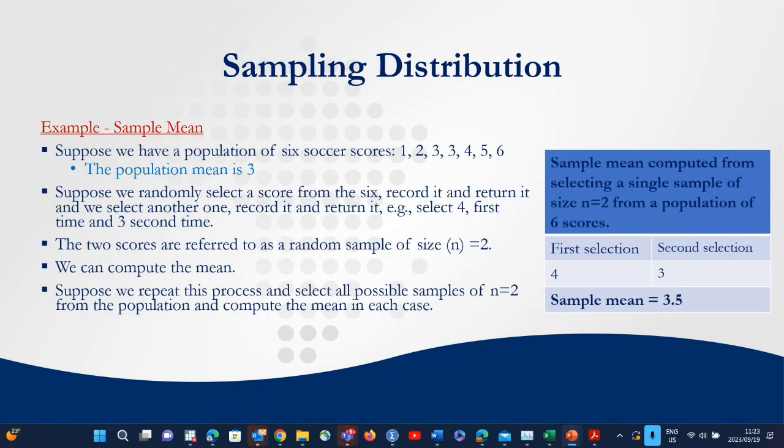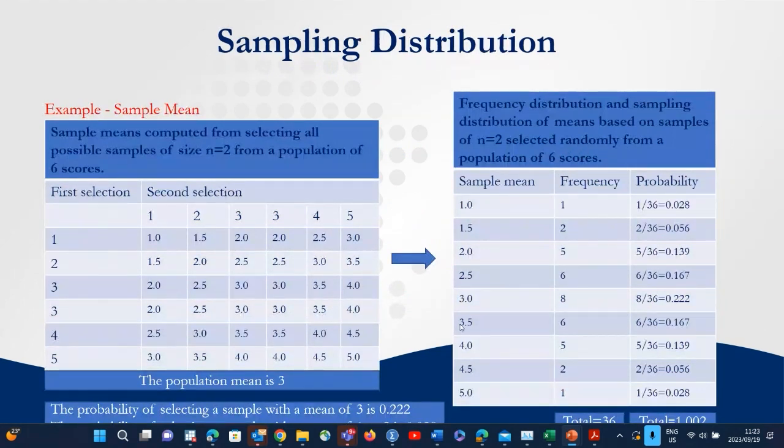And here we are using these 6 values to show you how you get from the population observations. So these are the observed values there, and they are the population because it's everything. These 6 scores are everything. It's all the matches that they've played.